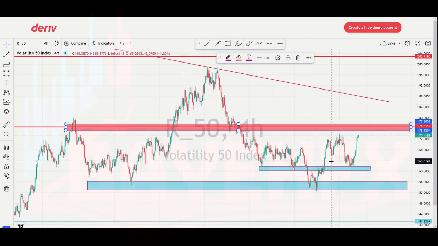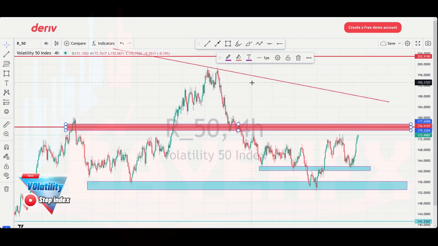So I'm expecting a bearish push to the downside. But if we break above and get a support, we'll be looking for buys until we break out of this trend line, and then we continue our bullish trend. So that's for VIX50. So we're going to the other pair.